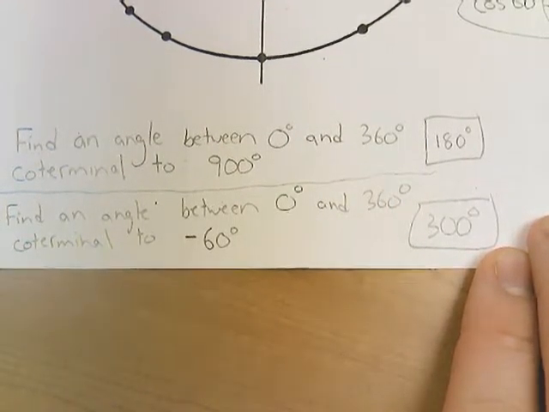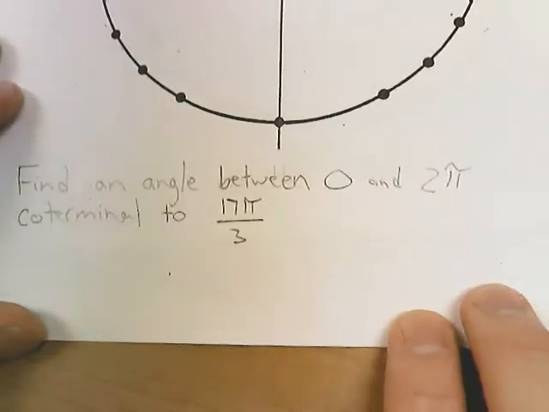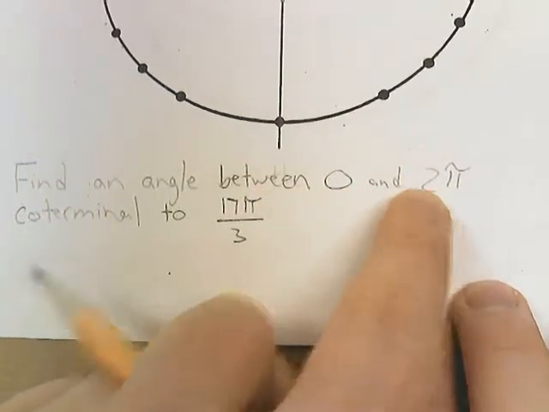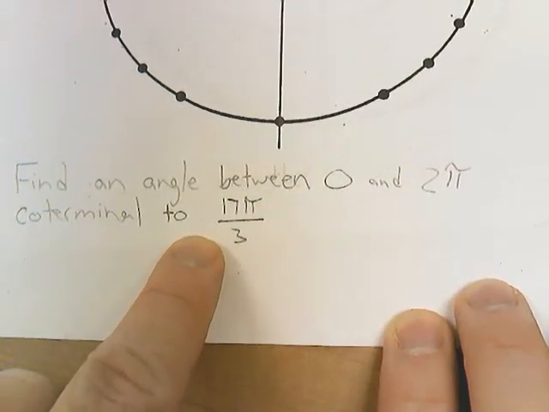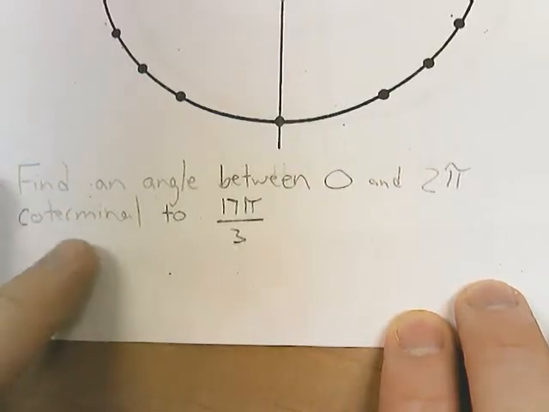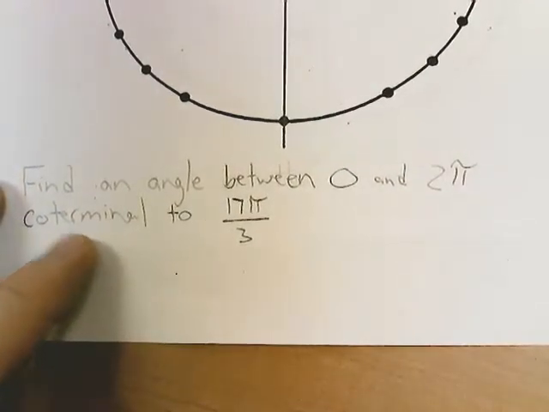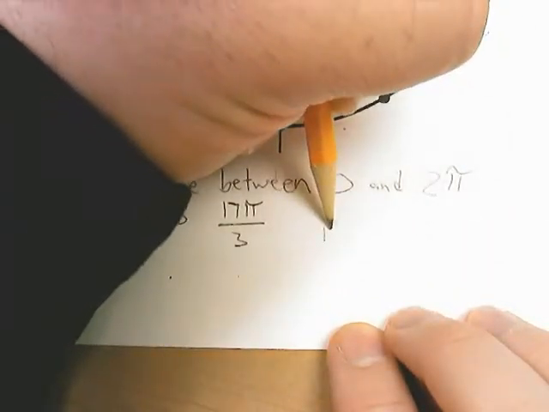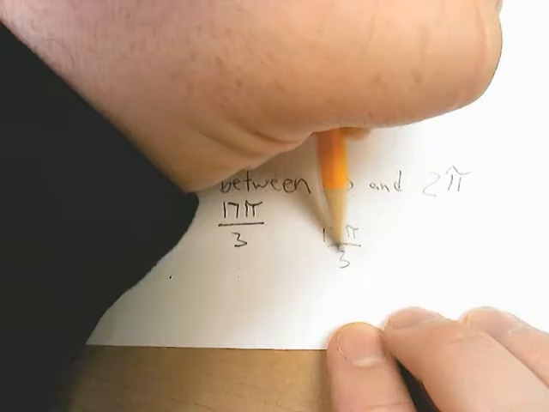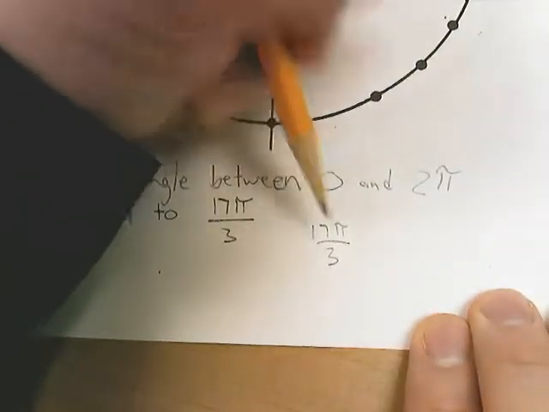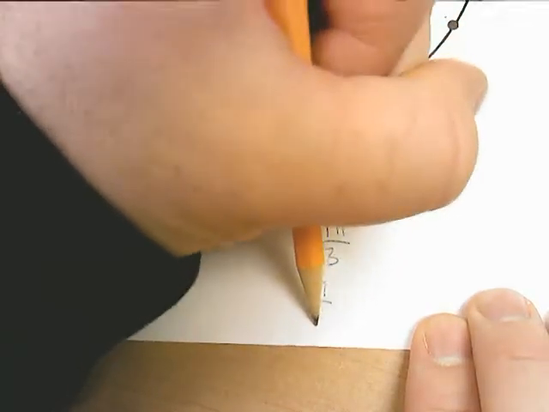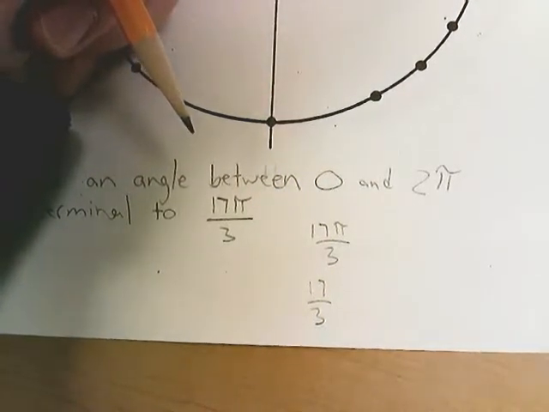All right? Last, and I just want to include this because this can sometimes be an issue because of the fractions. Find an angle between 0 and 2 pi coterminal to 17 pi over 3. Same exact question that we just looked at, but now this is dealing with radians. So the first thing I'm going to do is take 17 pi over 3, and rather than focus on 17 pi over 3, I'm just going to focus on the 17 thirds part of the number, the coefficient of pi.